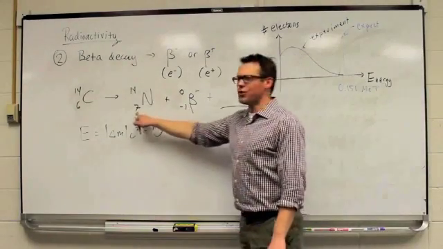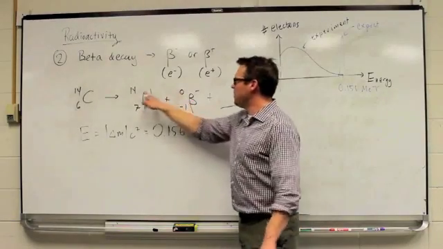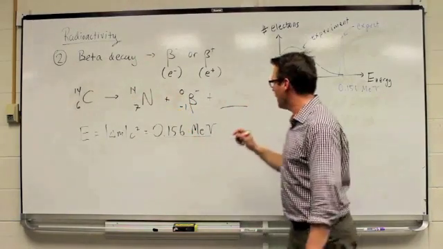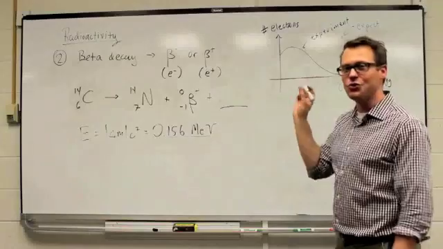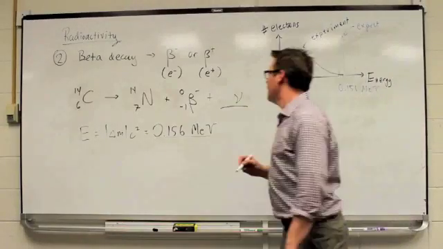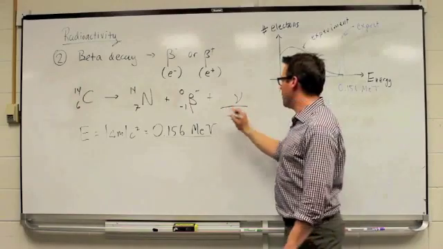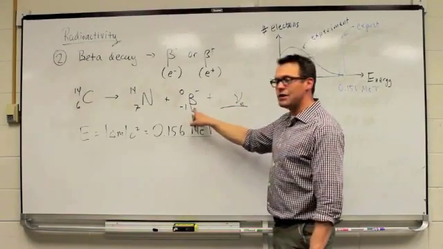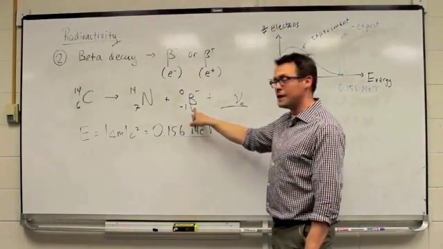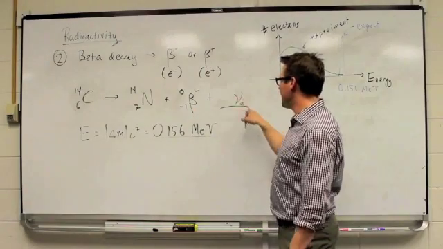But it must be neutral, it must not have any charge, and it must be very low mass as well. You can think of it as a little neutral particle, or a neutrino. That's exactly what belongs on the right-hand side of this equation. Because this was an electron that was emitted, a beta minus particle, we call it an electron neutrino.